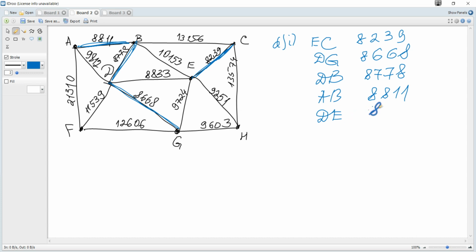We need DE because we need a network, they must be connected. And the next is EH.